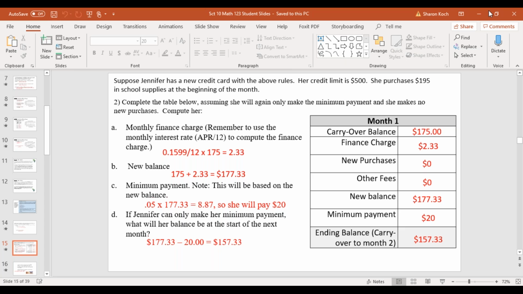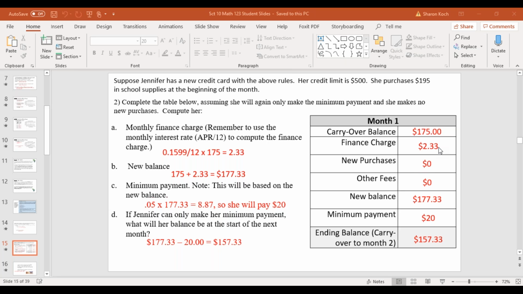All right, so let's take a look at what's going on here. We're going to be looking at these questions while simultaneously filling in this chart. Her carryover balance was $175. Let's assume she's not going to make any additional payments.